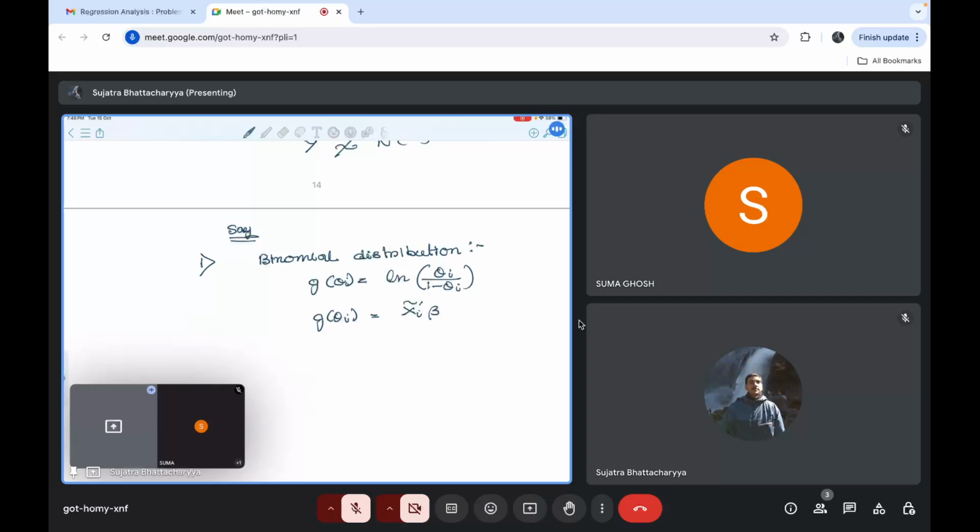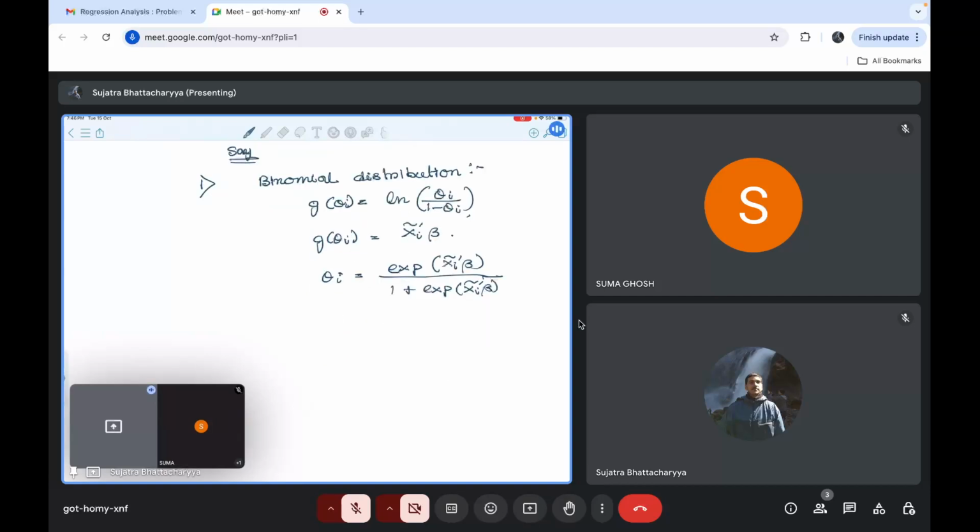But this solving should be done using the maximum likelihood estimate, which is a big concept, so I am not going to touch upon that. From this, you can combine and write theta i as exponential of xi prime beta divided by 1 plus exponential of xi prime beta. Further, you can write this in terms of known expressions.